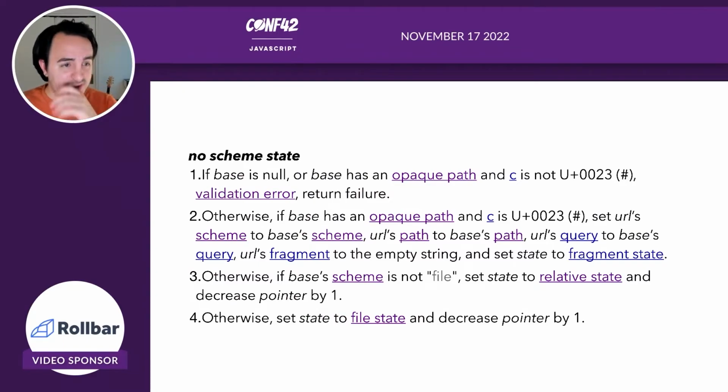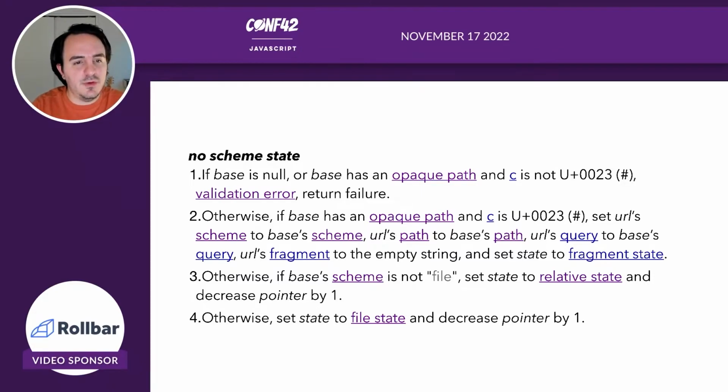So let's look into a little bit more complex one: no scheme state. What happens if I don't have HTTP, HTTPS, and so on? If base is null, or base has an opaque path and C is not a hashtag, validation error, return failure. First of all, we need to know what an opaque path is. It's all explained in the documentation.